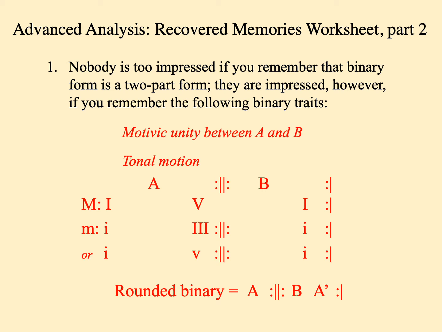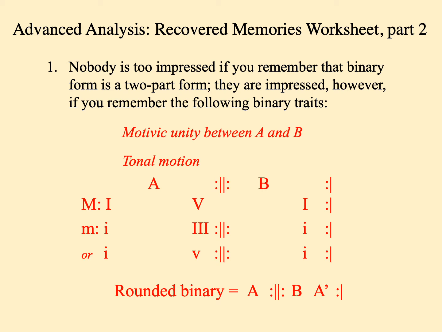And then in section B, it may go through a whole bunch of keys, but it'll ultimately get back to where it can end in G minor. Sometimes minor key binary things, though, look like major key binaries. They go from tonic to dominant in section A and then back to the tonic in section B. Notice that the dominant's minor, though.